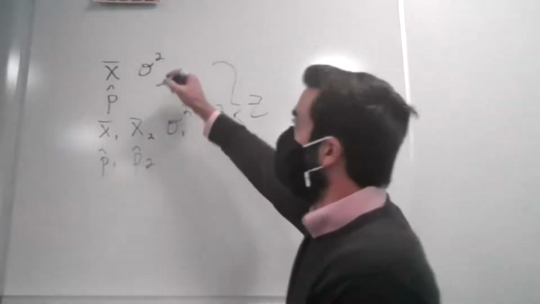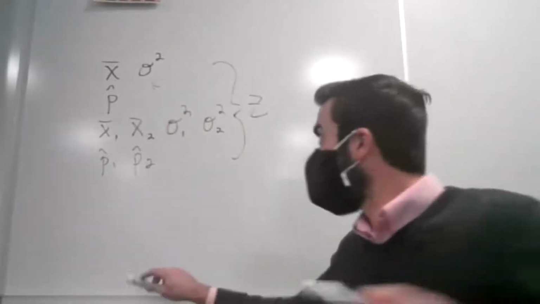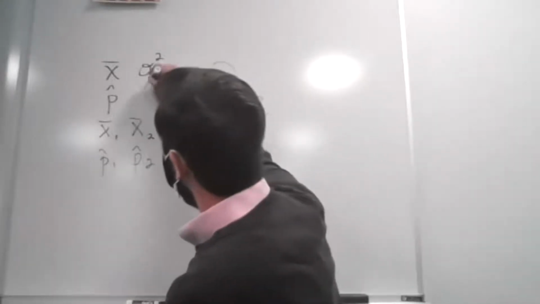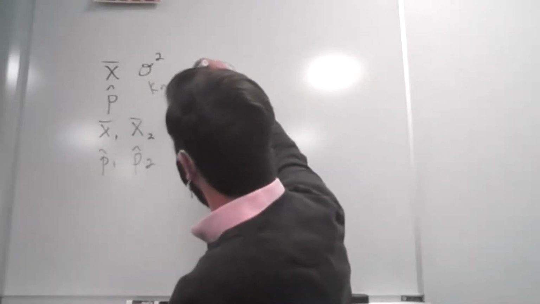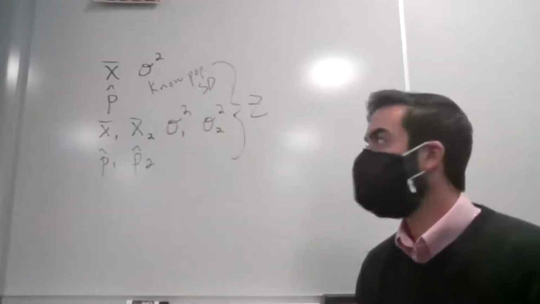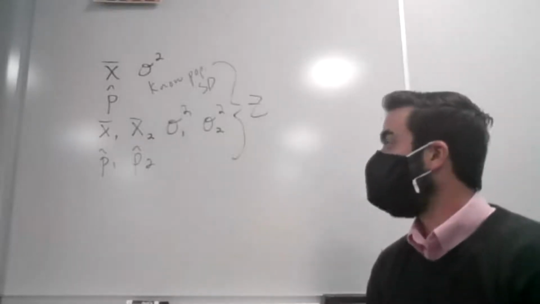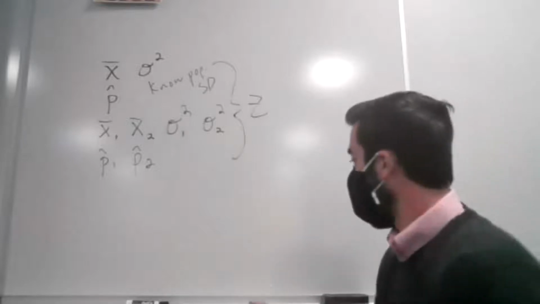Anytime you're given or you know the population standard deviation or variance, whether it's one or two population examples, we'll use the Z tables there as well, okay?